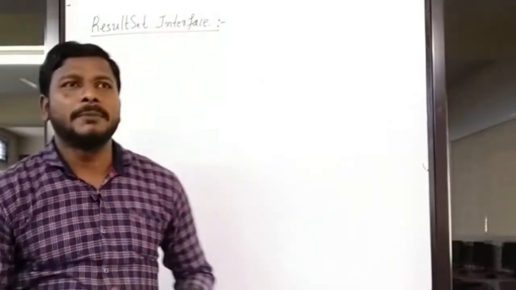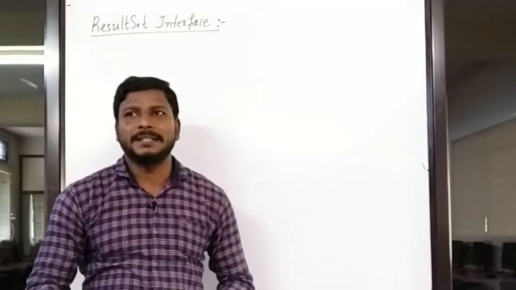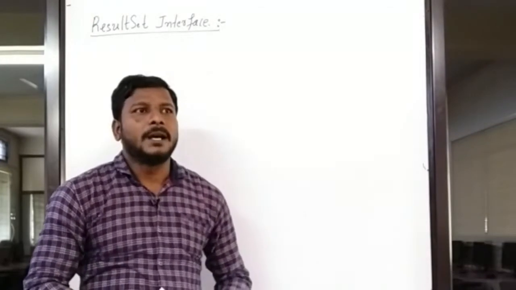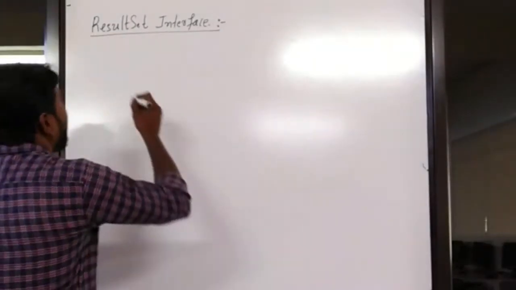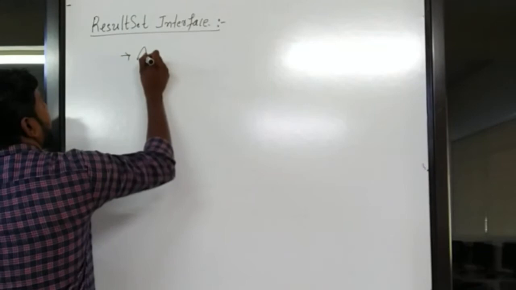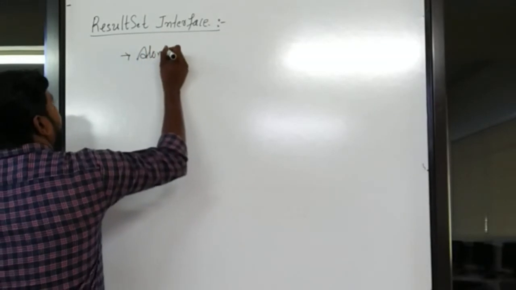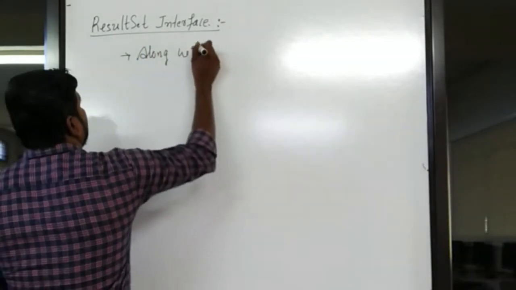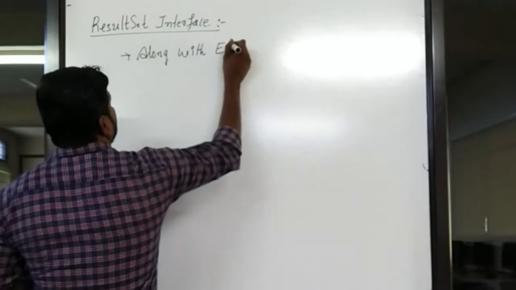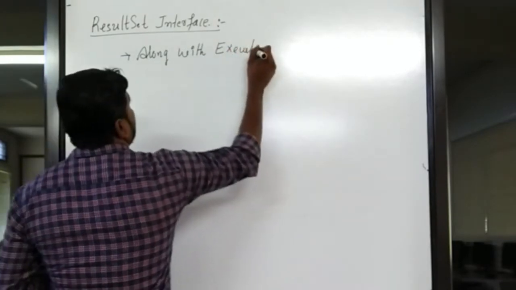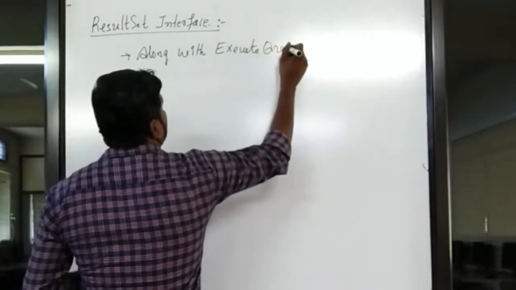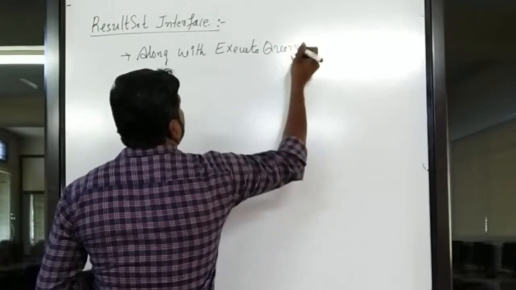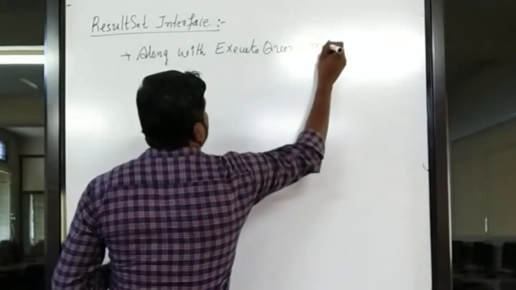I will tell you what we mean by the result set and how we can use it in the JDBC program. So result set normally can be used along with the execute query method.